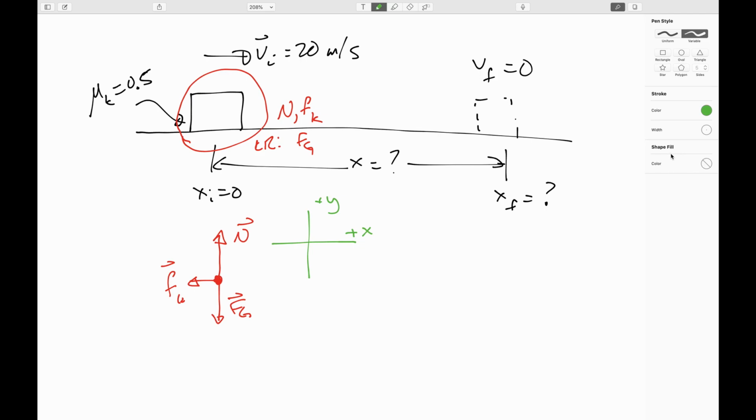And so we can go ahead and express Newton's second law here. F net equals ma. Since my acceleration is unknown, I'm going to pretend that a points right. We know it really points to the left.